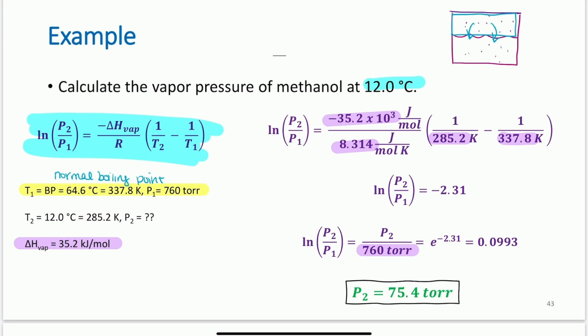That's my pressure at boiling point. That's my normal boiling point, 64.6 degrees C or 337.8 K. And I'm just solving for P2 here. So do the calculation, isolate P2, and we see that P2 is equal to 75.4 torr. What that means is the vapor pressure of methanol at 12 degrees C is 75.4 torr.